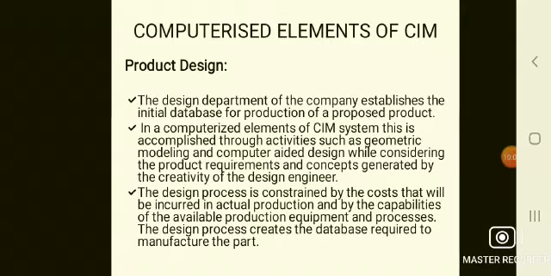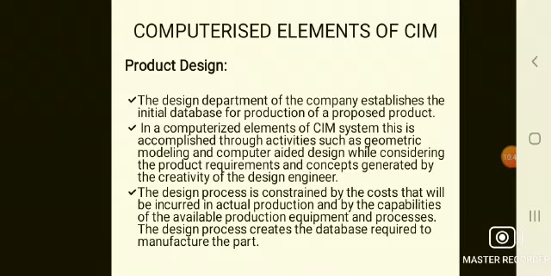Next, product design. The design department of the company establishes the initial database for the production of a proposed product. In the computerized elements of the CIM system, the activities such as geometric modeling and computer aided design are carried out, considering the product requirement and concepts generated by creative design engineers.